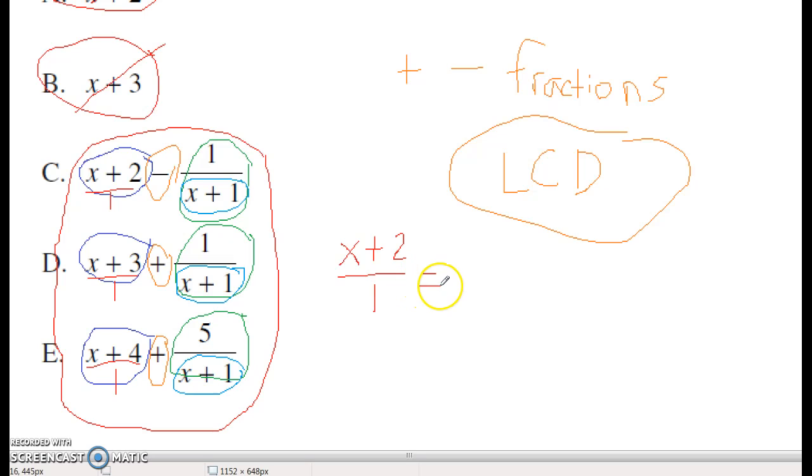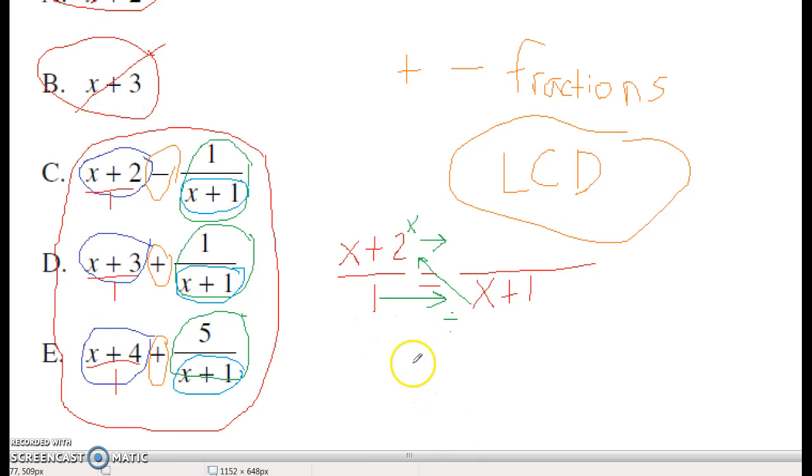And I want it to give me something that's going to be equal to x plus 1 with something over the top of it. I don't know what it's going to be yet, but we're going to figure it out. The way you use least common denominator is you take this denominator and you divide it into this one, and then you take whatever that answer is and you multiply it by this to get this answer.